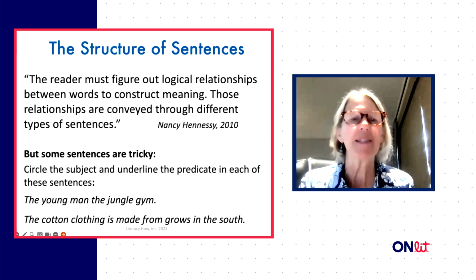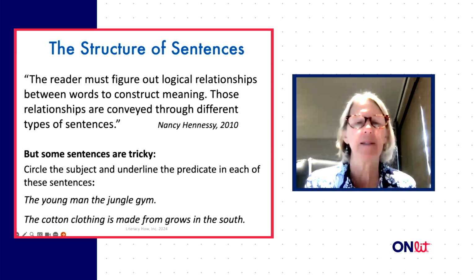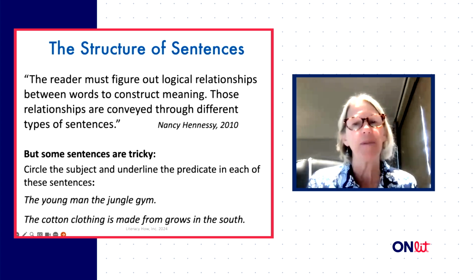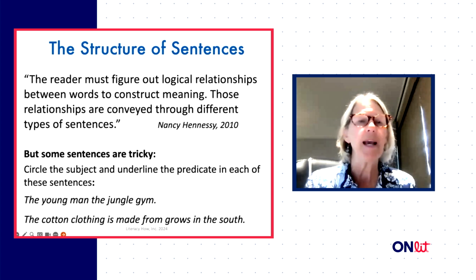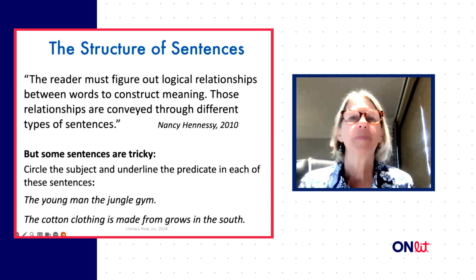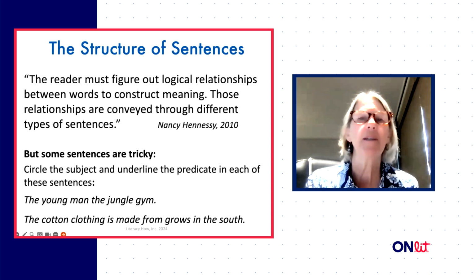Somebody tell me what the subject is. Good, Kate. It's cotton. And a lot of you said clothing, and that's what most people say because they're thinking cotton clothing. What's the verb? What's the action word? Good, Amanda. Grows.